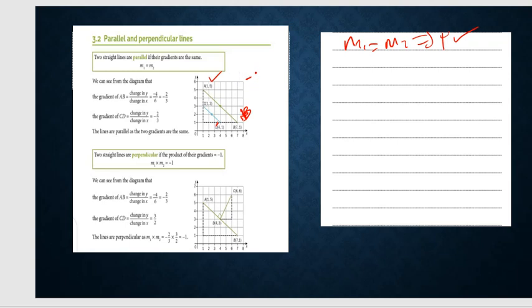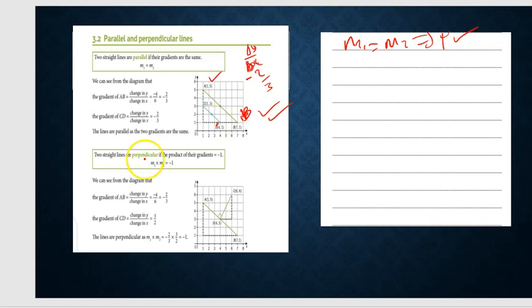You will get -2/3 after solving the change in y with respect to the change in x. So the lines are parallel as the two gradients are the same. That is the concept I want you to note. Two lines are said to be parallel if the two gradients are equal.